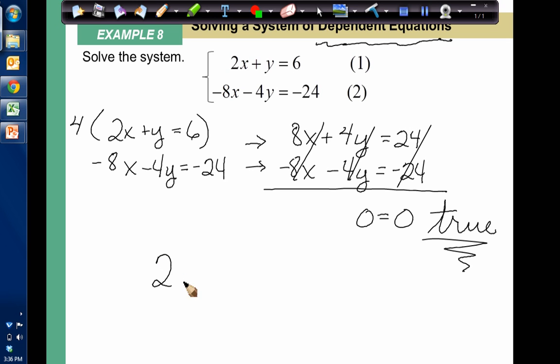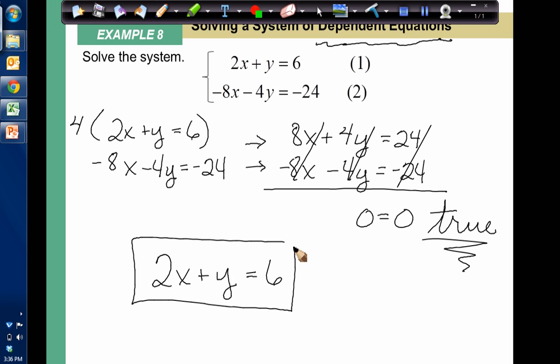So the answer is just that one line. That line itself is the answer. What if you had written the second equation? It doesn't matter because they're the same line. So the entire line is a solution for both equations, which means the entire line is the solution of the system.